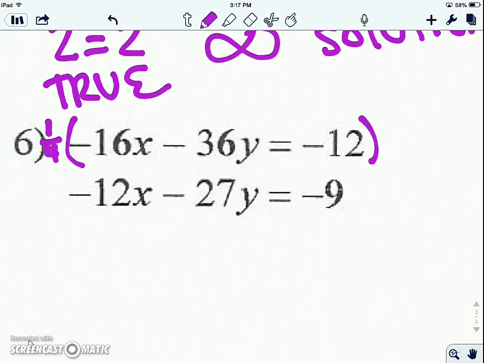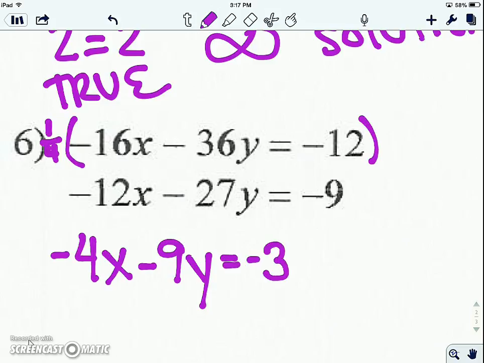So 1/4 times negative 16, that's negative 4x. 1/4 times negative 36, that's negative 9y. And then negative 12 divided by 4, it's negative 3.